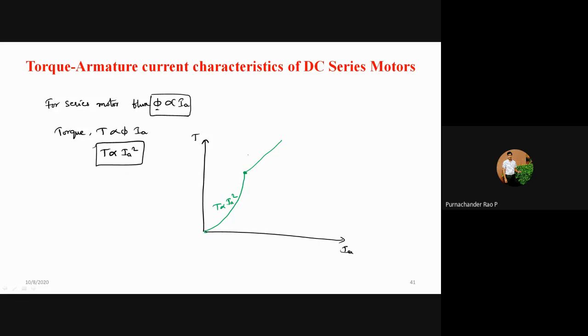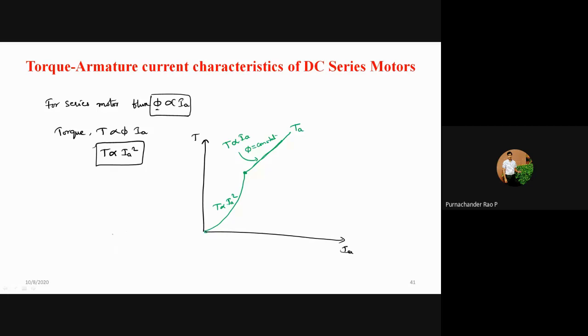In this case the motor cannot develop any more flux, and therefore at this instant the torque is proportional to only Ia, and it is just like a linear line. So this is nothing but your armature torque.